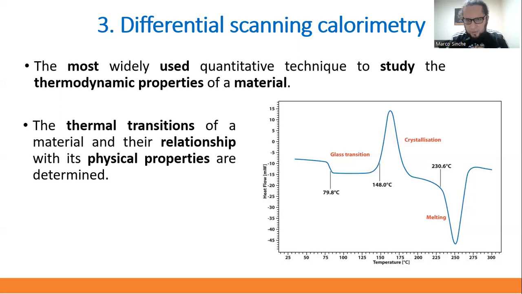For example, in the graph, we could see that there are some ranges in which these transitions occur. The first could be the glass transition, the second, the crystallization, and the last one, the melting phase, and each of them occurs at a different temperature range.